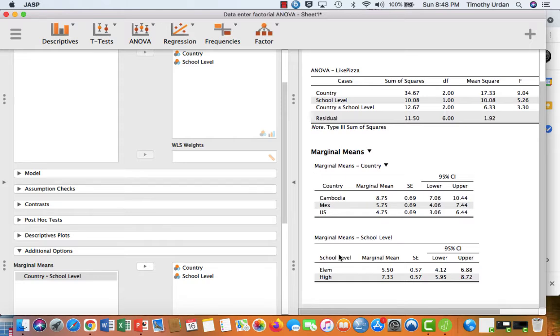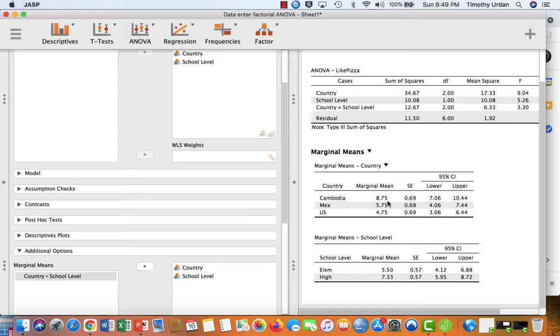And here you can see these are the means for kids in Cambodia, Mexico, and the US. When you collapse the high school and elementary school kids together, the kids combined in Cambodia have a mean of 8.75 in their liking of pizza.